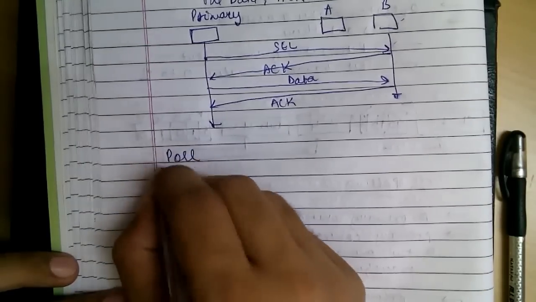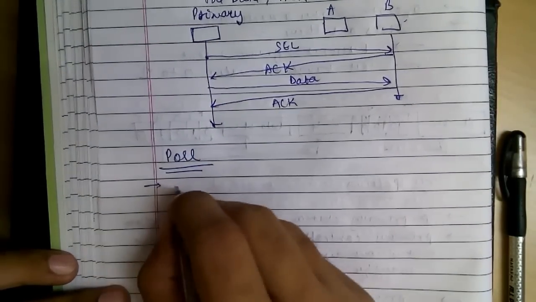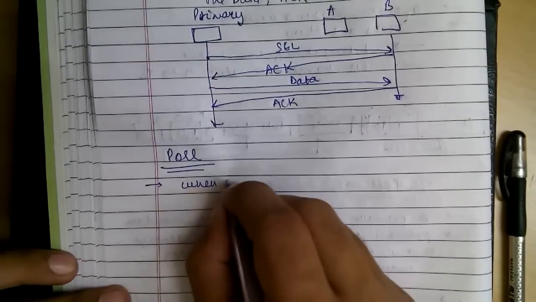The next one is poll. It is when the primary wants to receive data.